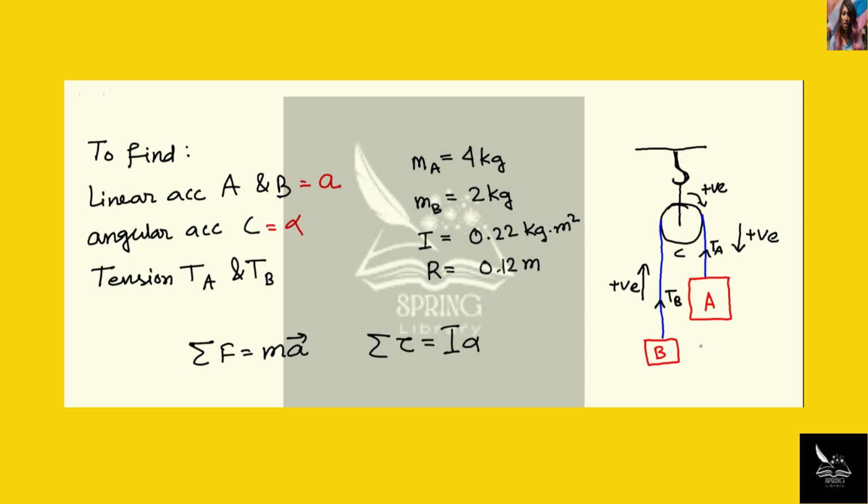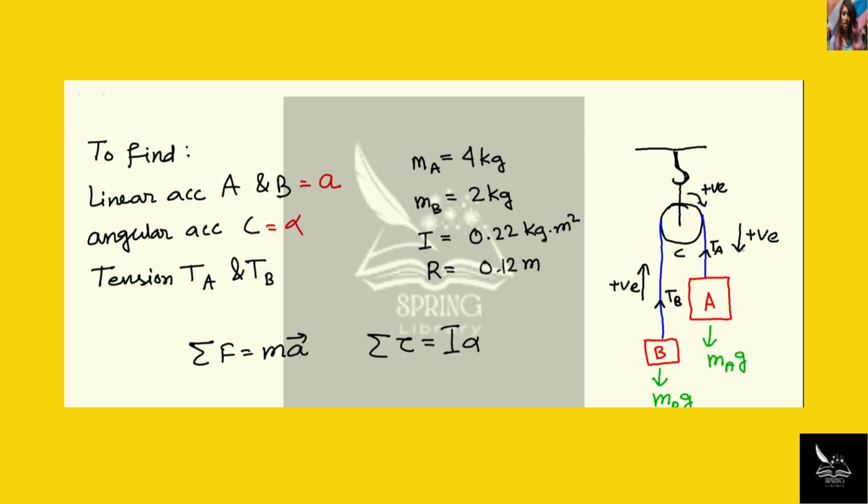Let's start with block A, which is the heavier block. So for this, we'll be having two forces acting downwards. One is MAG due to block A, and here MBG due to block B. So if we take only this part, we see that the resultant force is the difference between the tension force and MAG.